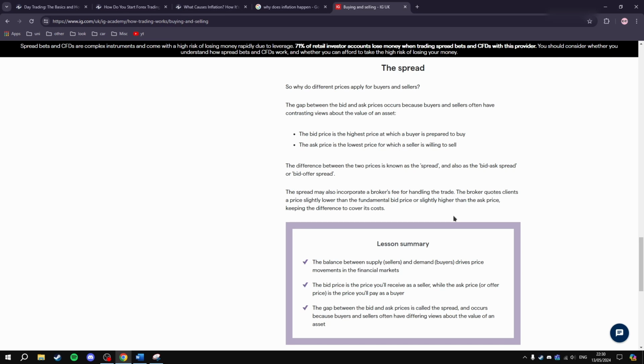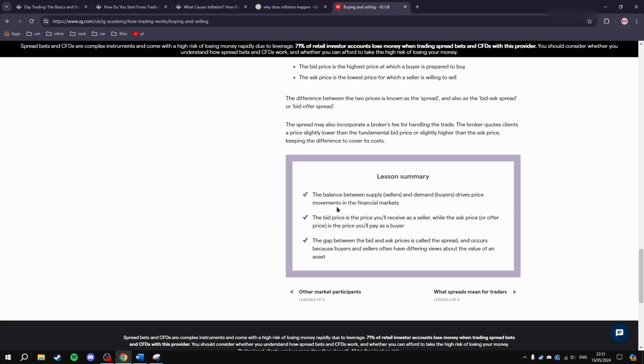So you pay 1.31 to the broker, and then the broker buys it from, I don't know, the liquidity provider or whatever, for 1.3, and the broker keeps the profit, like that.